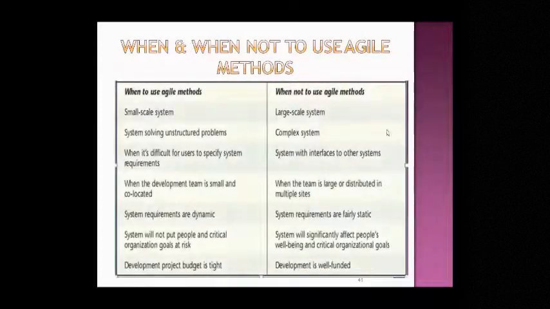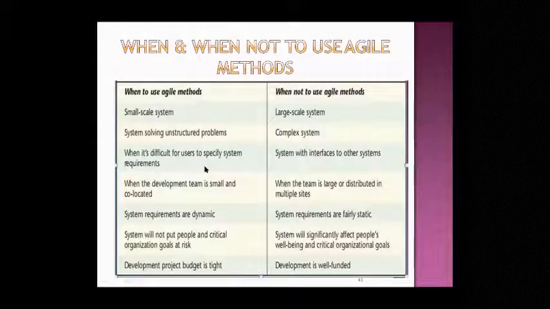So here, when and when not to use the Agile methods. Use it for small scale; you cannot use it if it is large scale. Use it when the system is solving an unstructured problem, but not if it is a complex system.